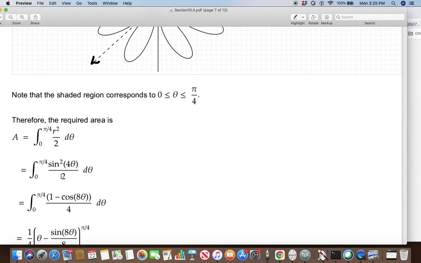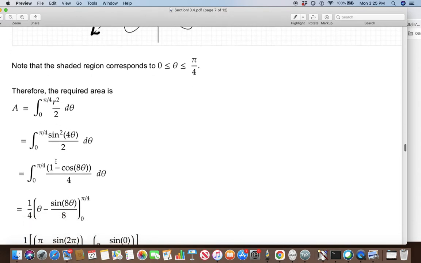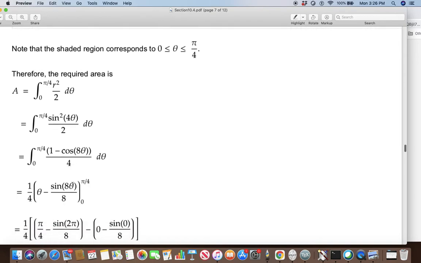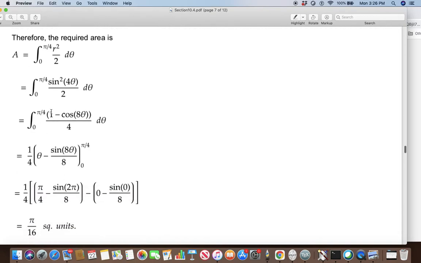r is sine 4 theta, so r squared is sine squared 4 theta. Sine squared, you use the twice angle formula, trigonometric identity 1 minus cosine 8 theta over 2. So there is a 2 already, and that's what makes it a 4. When you integrate, don't forget, we've got the 1 over 4 out. Integration of 1 is theta.